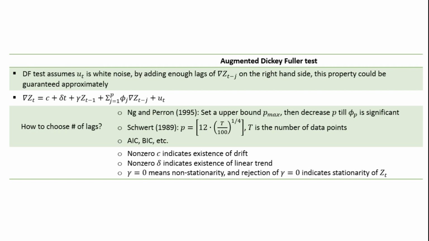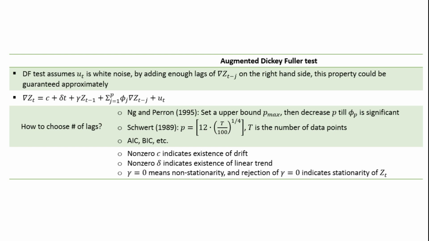We also have an augmented Dickey-Fuller test. The augmented Dickey-Fuller test assumes that ut is white noise by adding enough lags in the differenced error term of our regression relationship.